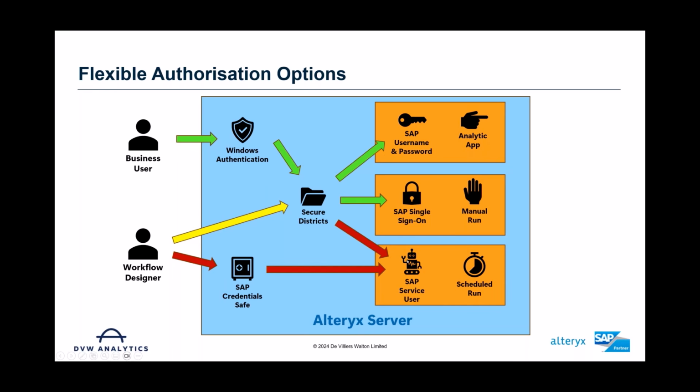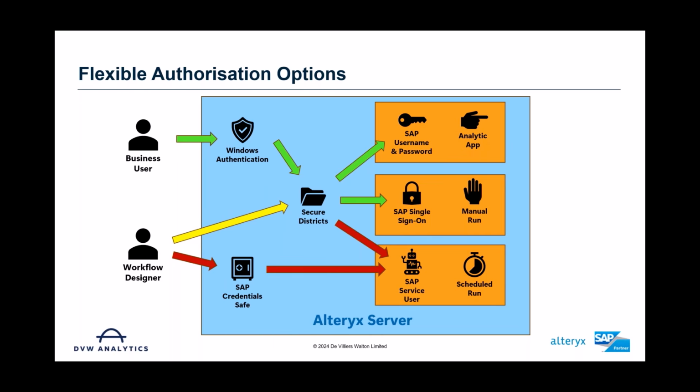The workflow will run. It will retrieve the credentials for SAP. Maybe it's an SAP service user, or if I'm an IT user, maybe wide access, my own access. But it will then schedule that run and then lift and shift the data as necessary. So that's the standard one we've just seen.